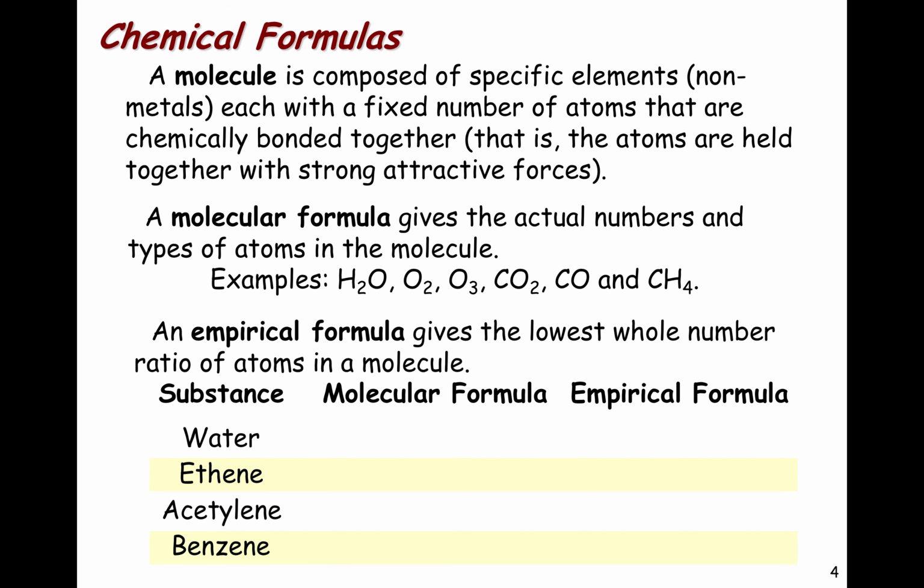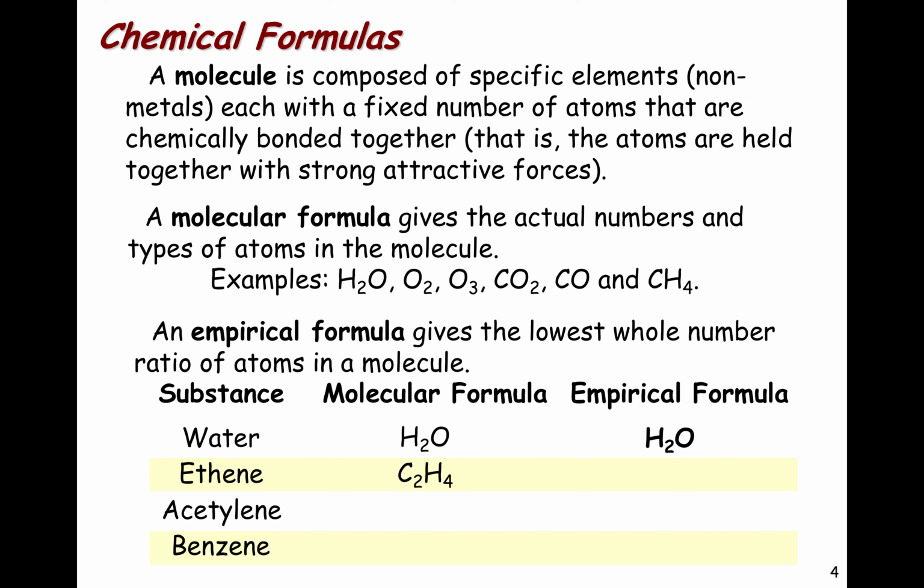And so for examples, we have 4 compounds here: water, ethene, acetylene, and benzene. Methane, acetylene, and benzene are organic compounds, so the names are a little strange. But water's molecular formula is H2O, and in fact, in this case, that is also the lowest whole number ratio between the atoms, so it's also the empirical formula.